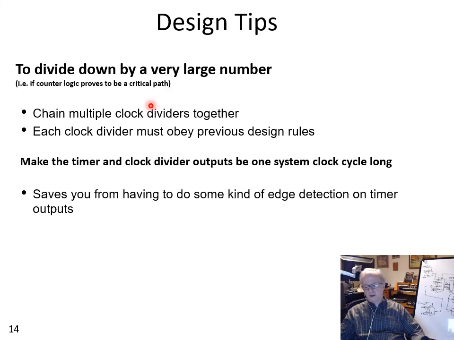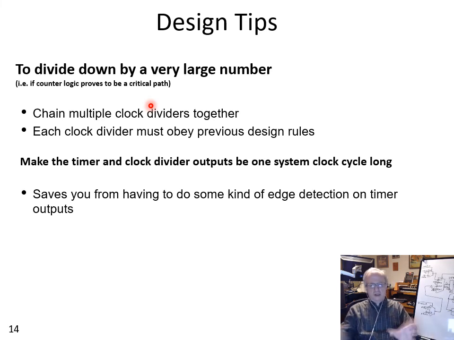So the first counter can count up to the same value over and over. It could count to 10, and then you'd have another counter that just counts the pulses from the first one. So one counter counts the individual cycles every 10, produces a pulse. The next counter counts every 10.